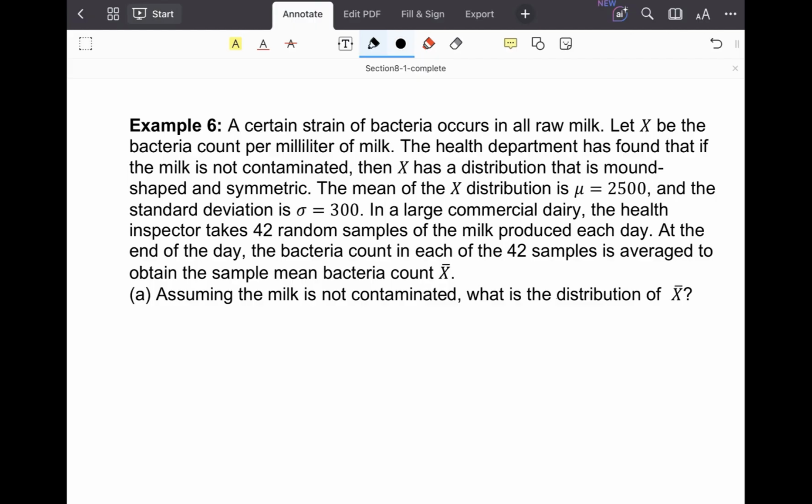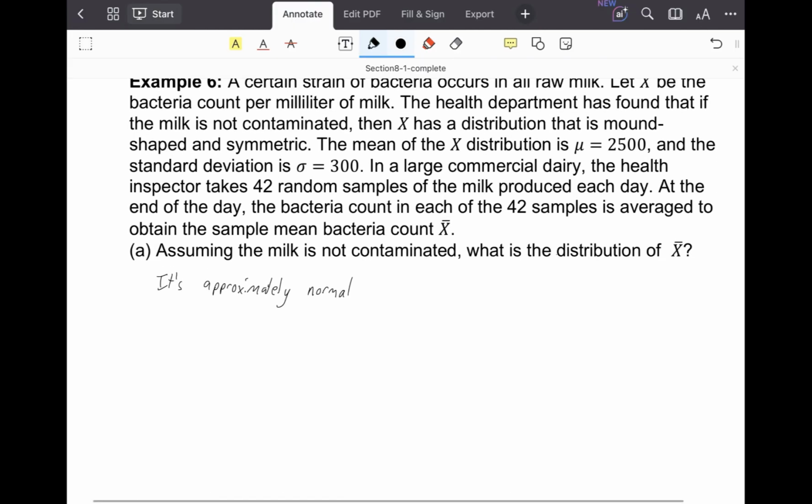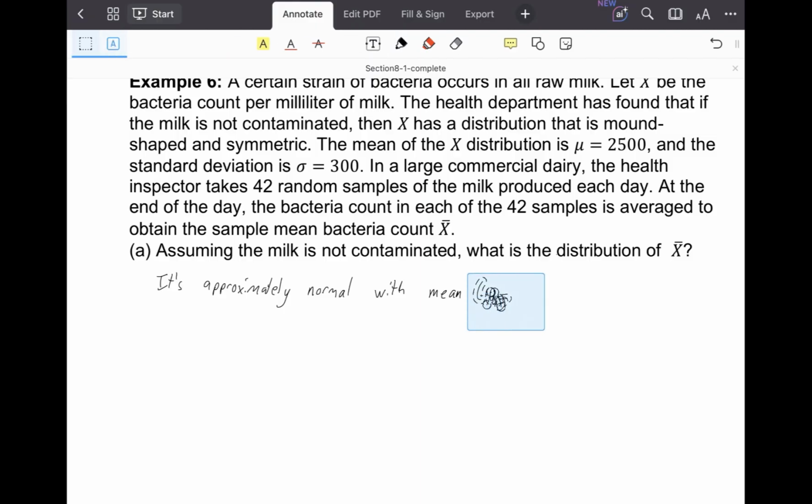We can say it's normal, or let's say approximately normal. Sufficiently normal, you sometimes hear. Approximately is a good way to describe it. And I'm going to just say with a mean. I'm going to put the symbols here just in case forgotten. That's what that symbol is. Actually, let me put this over here.